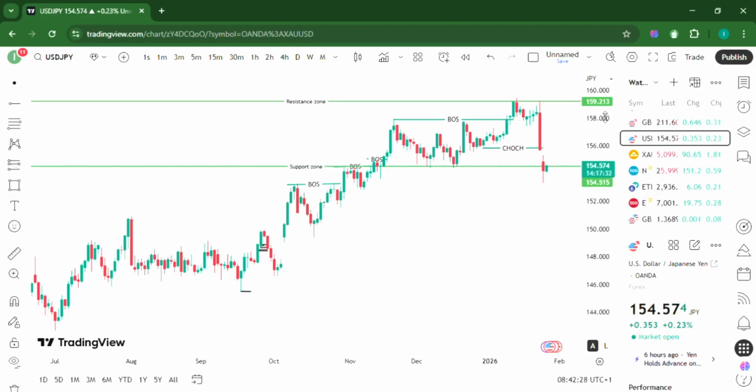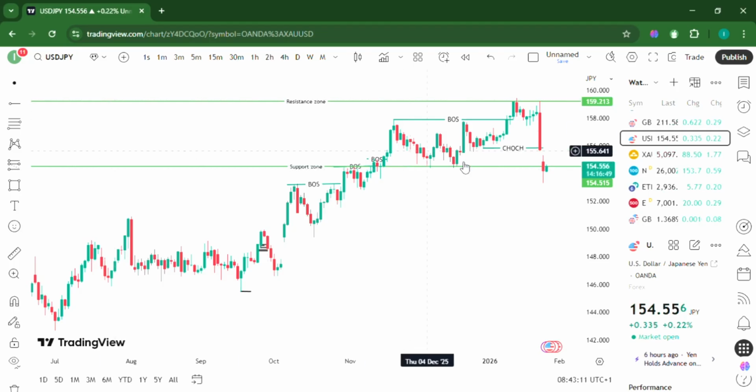The key levels here, we have 159.213 to around 159.485, and that's the key resistance zone. And the support zone, we have around 154.515. That's our support zone.